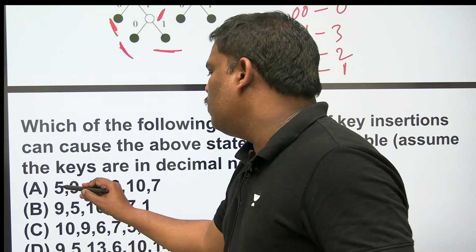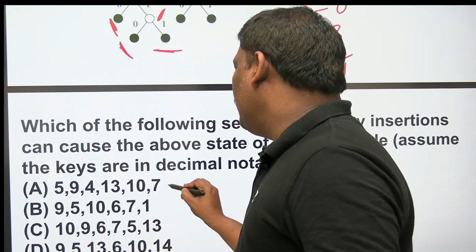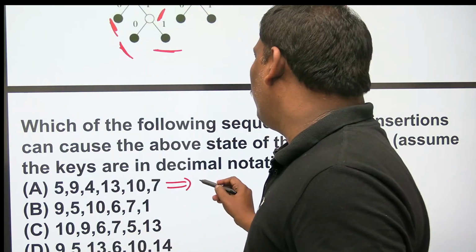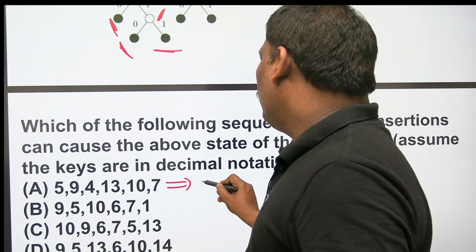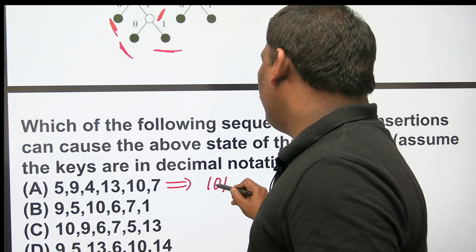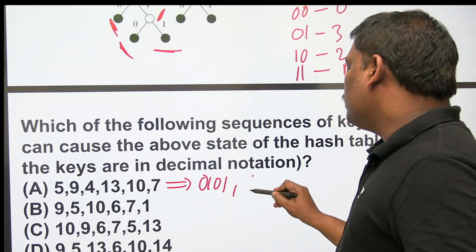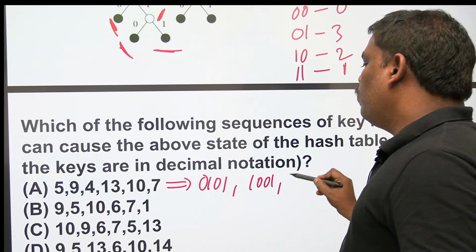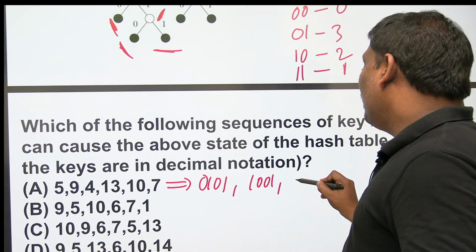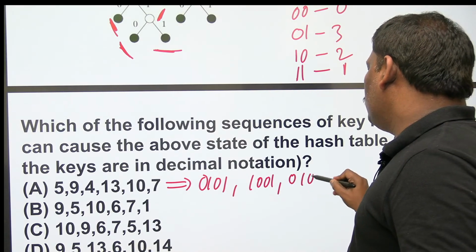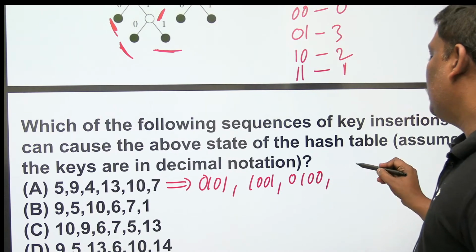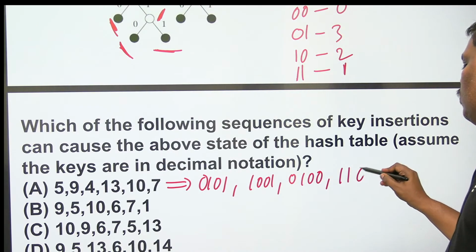In this one, if you observe, everything you have to write in terms of binary format, 4 bits. What about 5? 0101 is 5. Next one, what about 9? 1001. What about 4? 0100. What about 13? 1101.